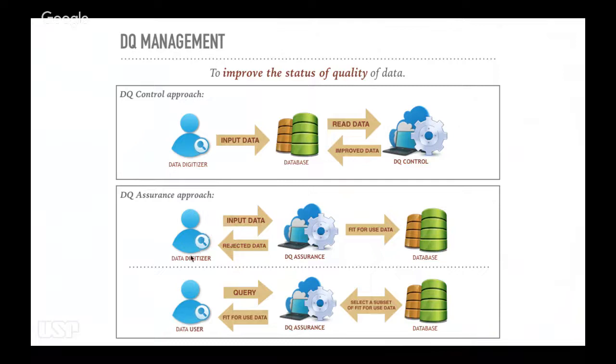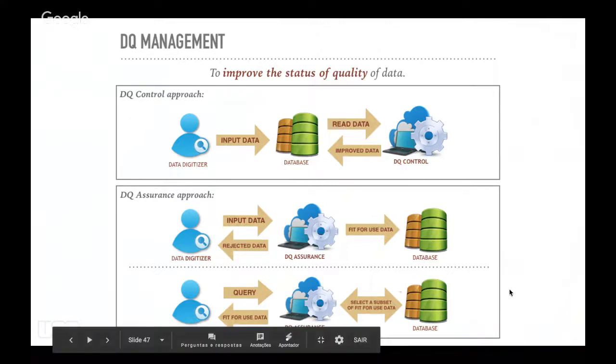One way would be that the data digitizer tries to input his data, but the data quality assurance mechanism ignores or rejects those data that are not fit for use. So in this data set, we'll only have data that are fit for use.